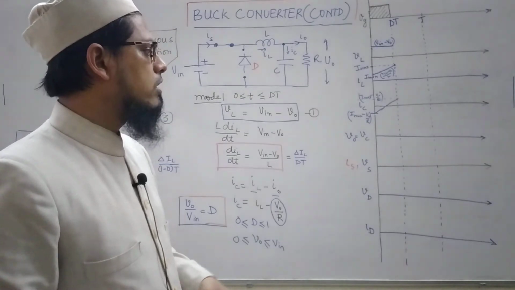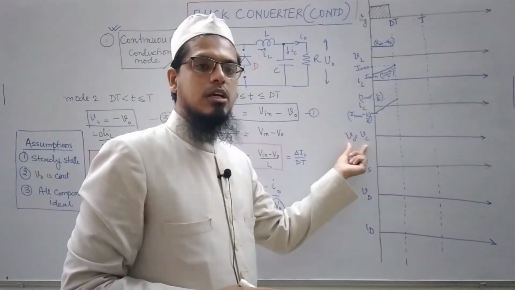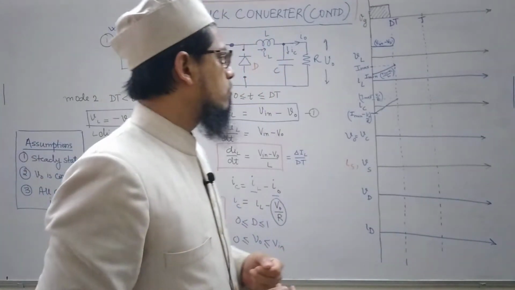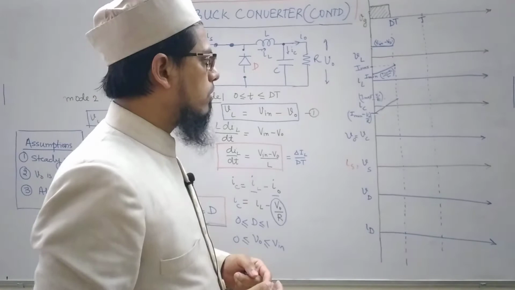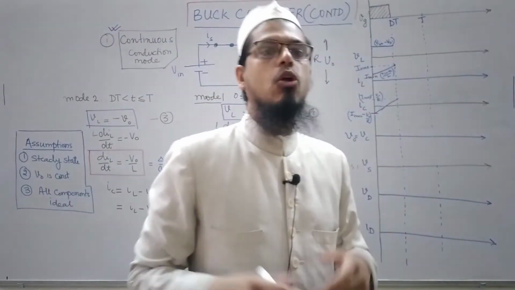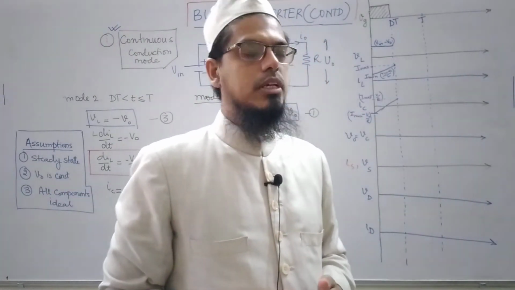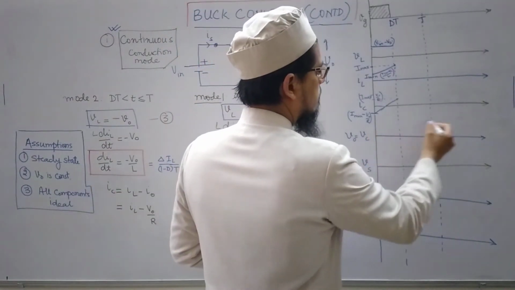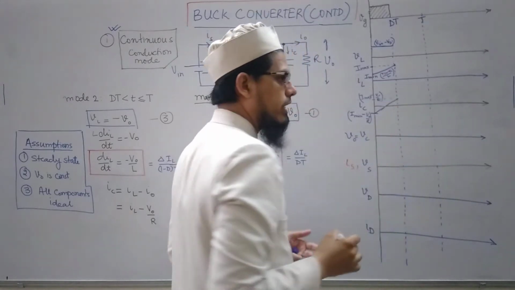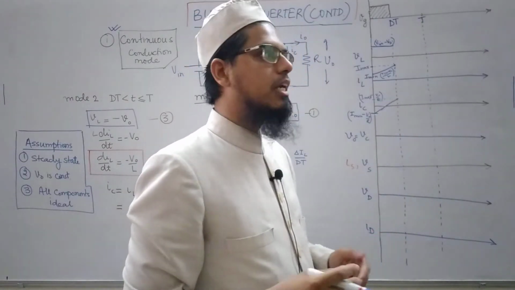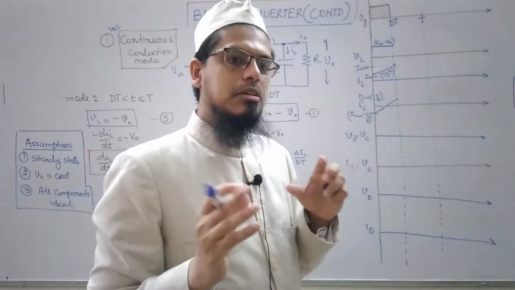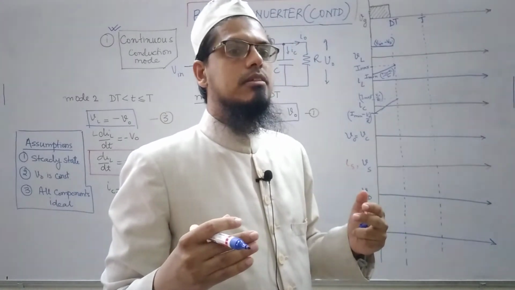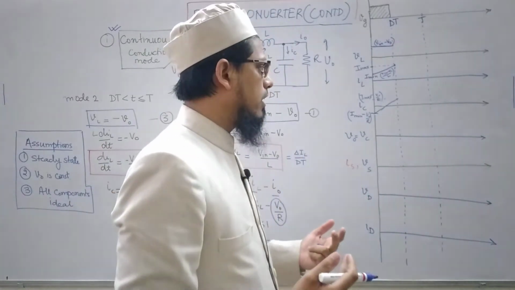Now let us try to plot the output voltage, which is also equal to the capacitor voltage. Although we are assuming that the output voltage is almost constant, I can simply draw a straight line here showing it to be constant. Now let us be a bit more precise and see how exactly the output voltage will look.